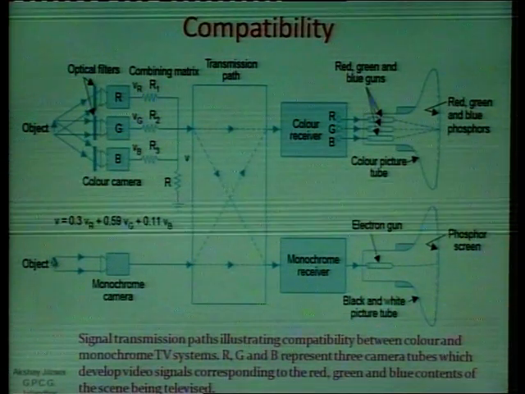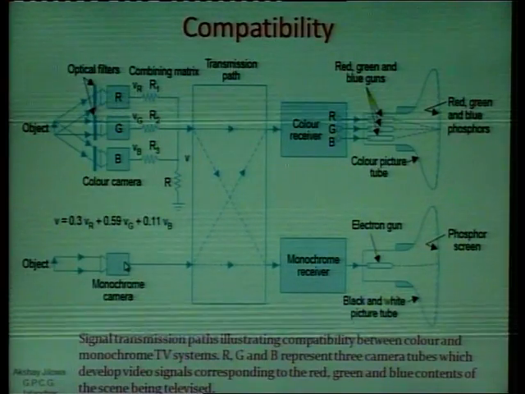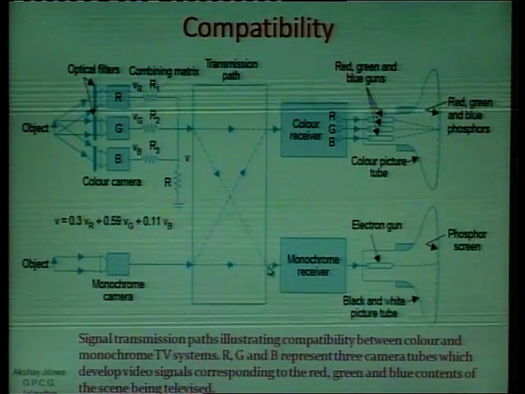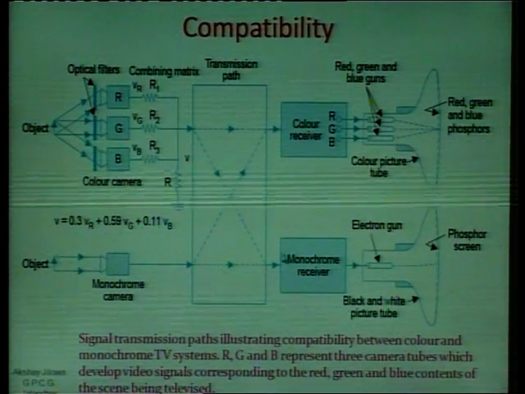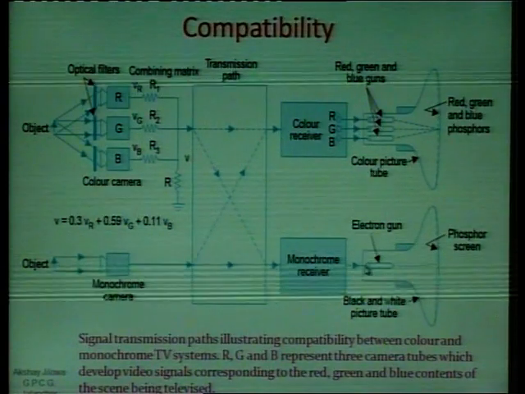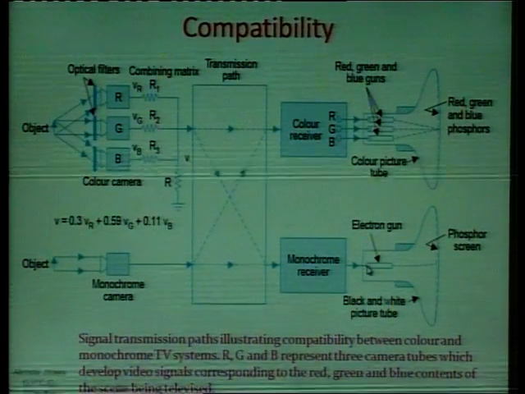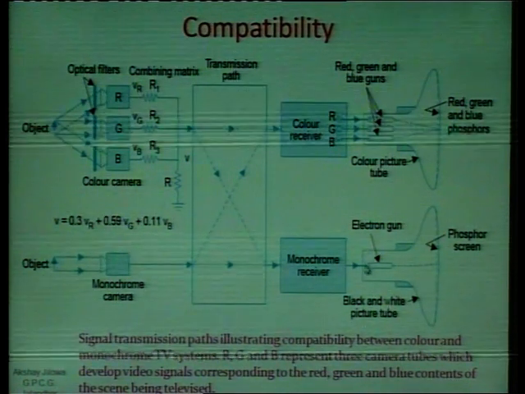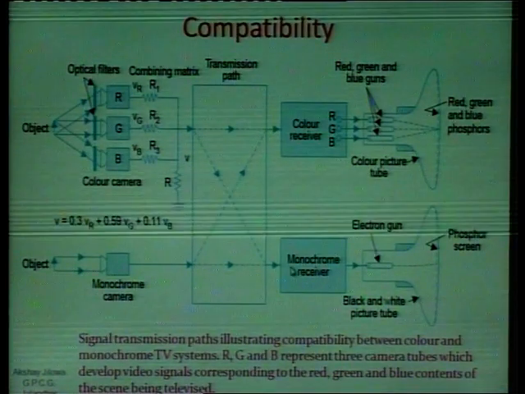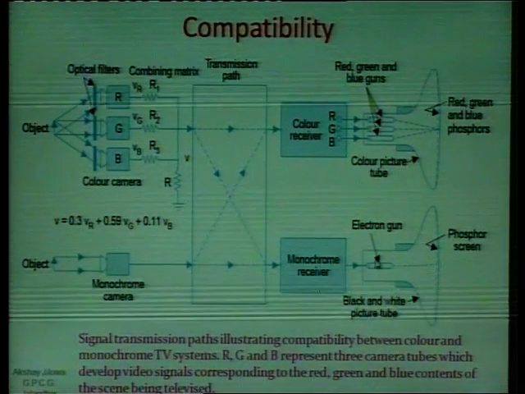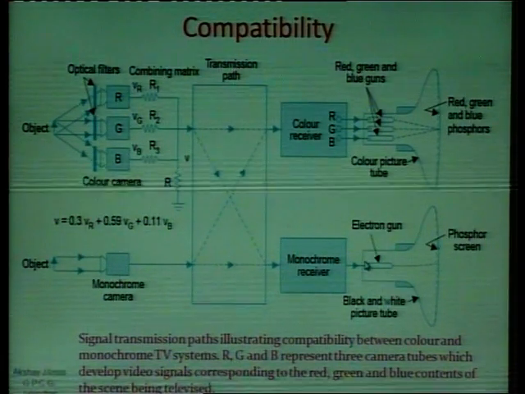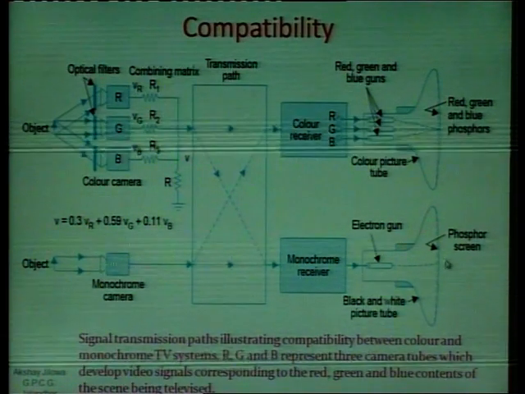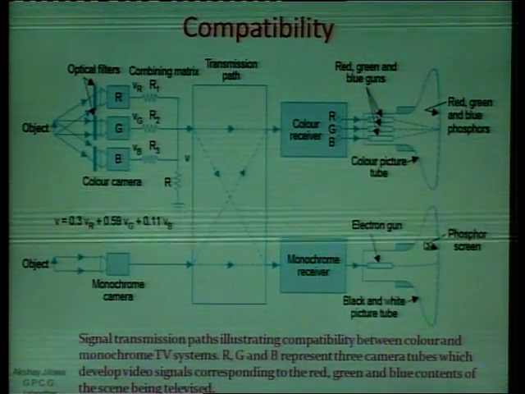So, this optical information is converted into corresponding electrical information, transmitted, and received here. After reception, this electrical signal is fed to the electron gun as input, and from the electron gun a specific number of electrons are emitted depending upon the input signal. Those electrons, when they travel with sufficient or optimum velocity and strike the phosphorus screen, produce a spot of light.